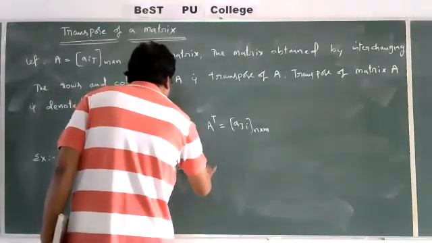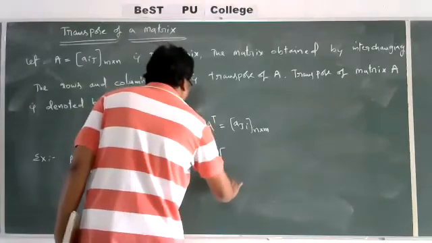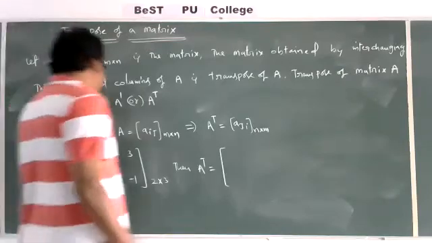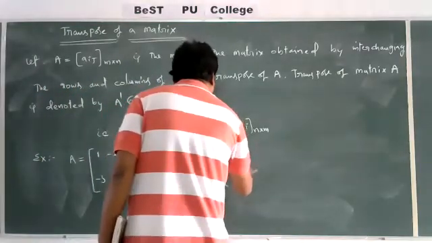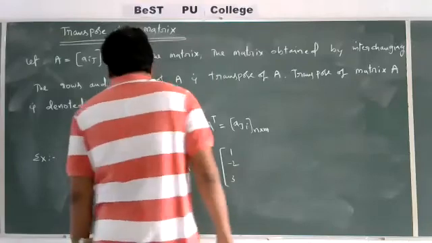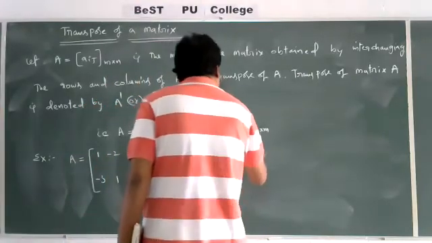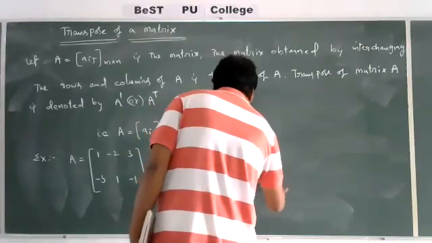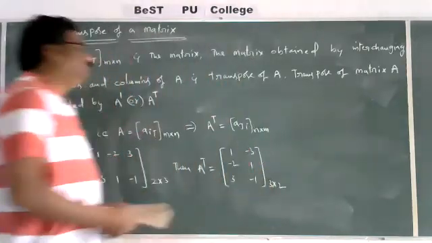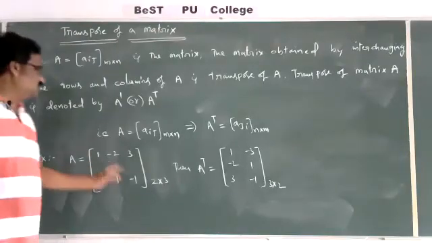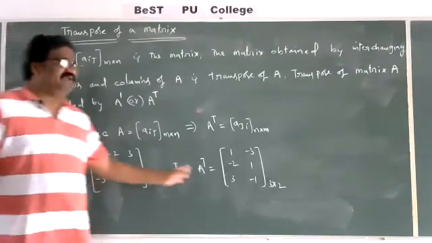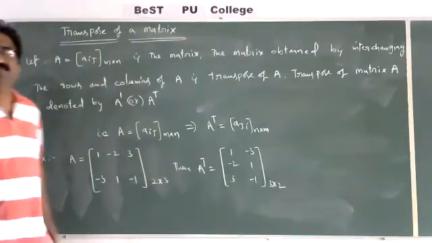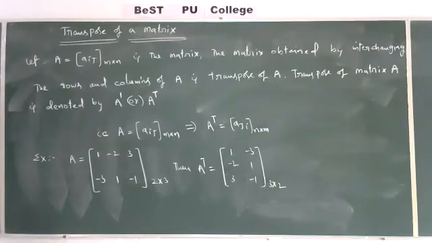Then A transpose is equal to, first row is written in first column, 1, minus 2, 3. Second row is written in second column, minus 3, 1, minus 1. This is a 3 by 2 matrix. This is 2 by 3 matrix. After writing the transpose, you get 3 by 2 matrix. That is called transpose of the matrix.